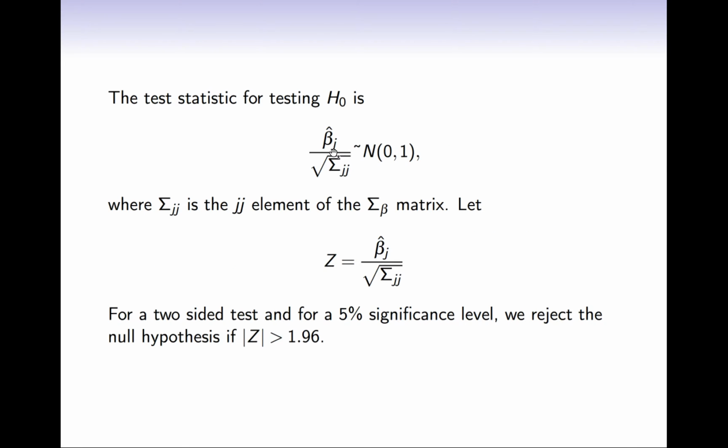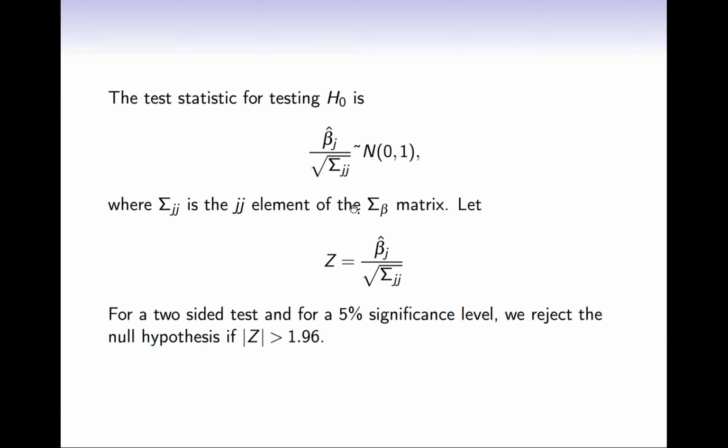All right, so for the test statistic for testing the null hypothesis, we want to come up with something that's normal 0, 1, because then you can compare it against a normal critical value, like 1.96.